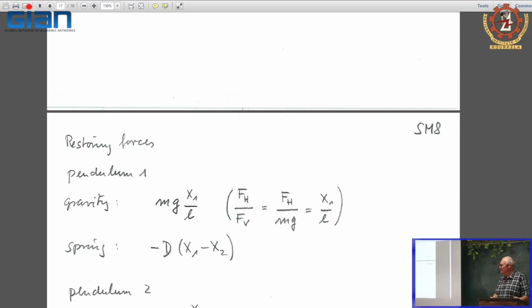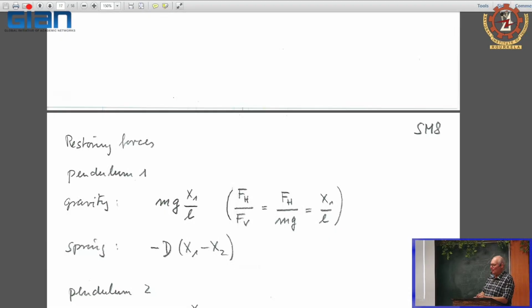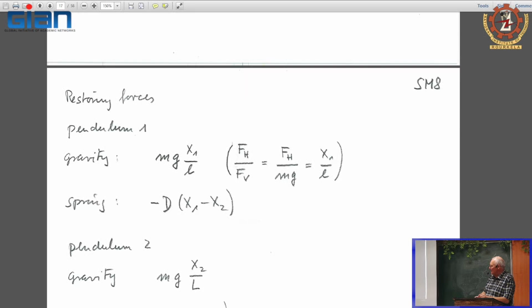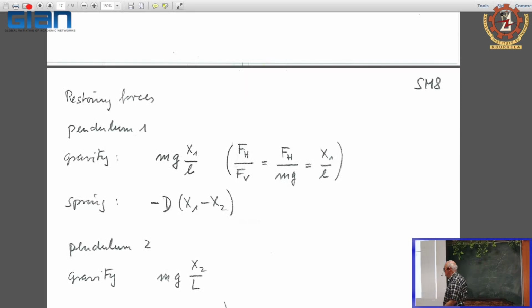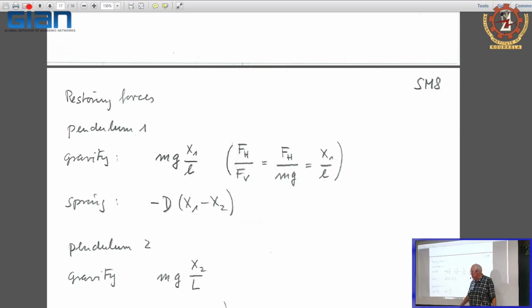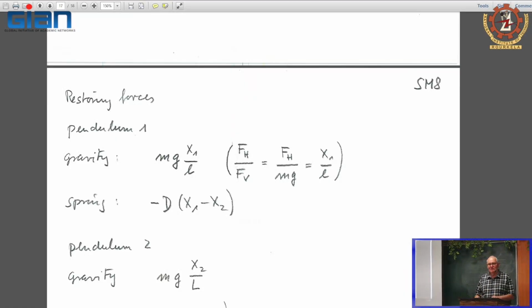This is the component of the gravity in the horizontal direction, parallel to the displacement of the pendulum. The force exerted by the spring is spring constant times the difference of the displacements x1 and x2.